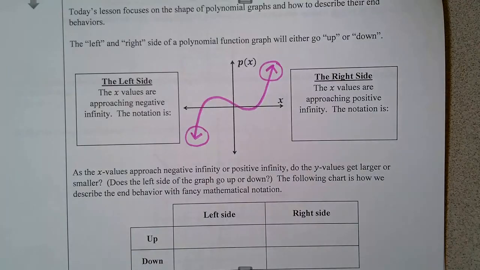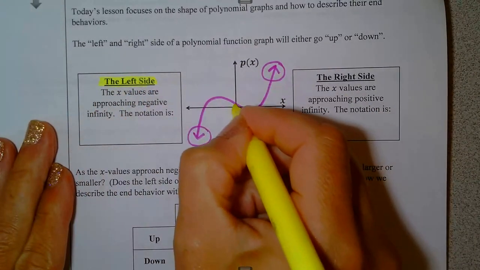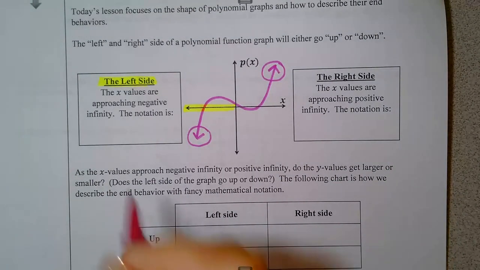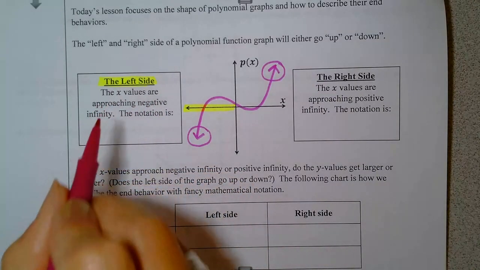They judge that based off of the x values. The left side is based off of the left side of the x-axis. So it says the x values are approaching negative infinity.